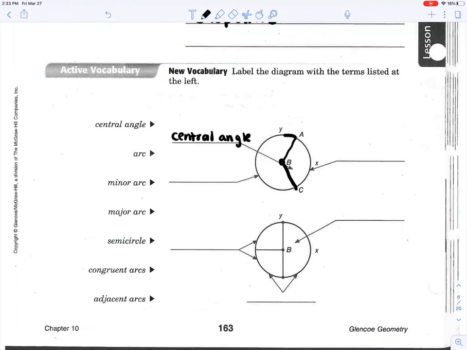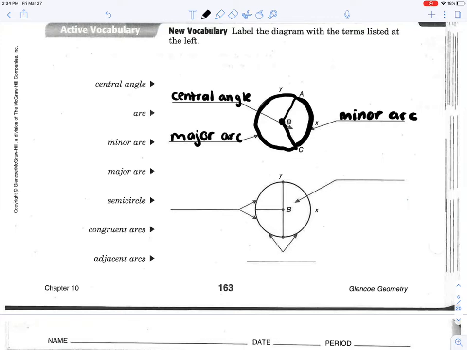Moving down, this arrow is pointing to this arc, which is more than half of the circle. This would be called a major arc, because a major arc is anything that's more than 180 degrees. Therefore, this portion here would be the minor arc, because it is smaller. It doesn't encompass half of the circle.